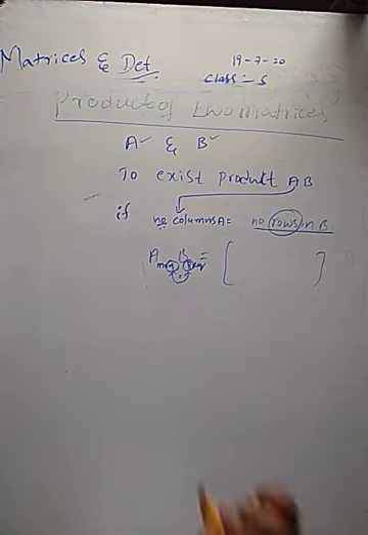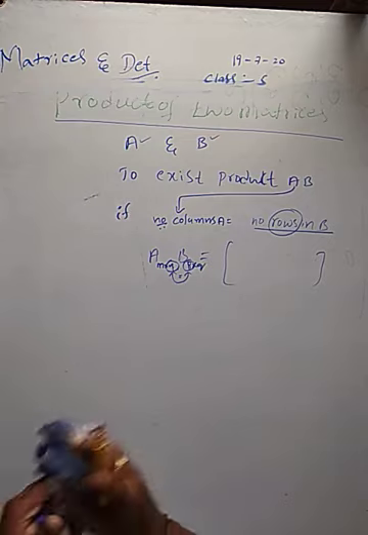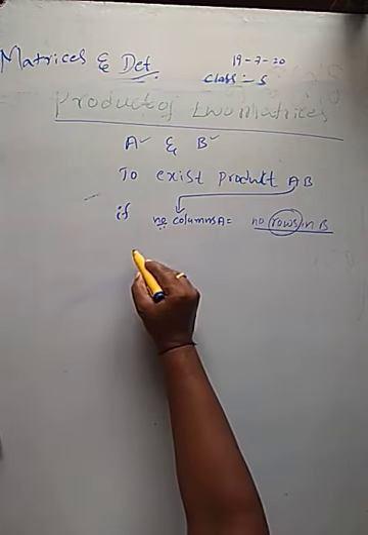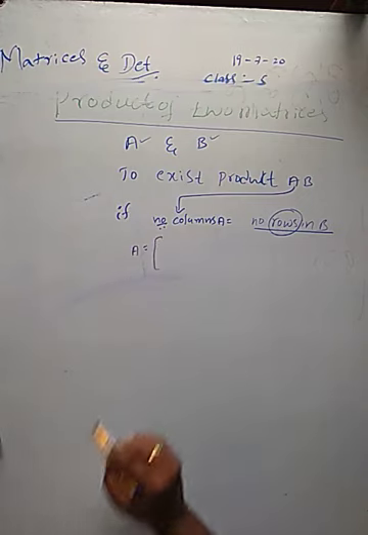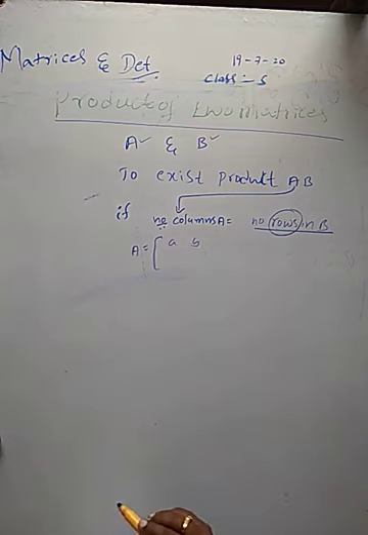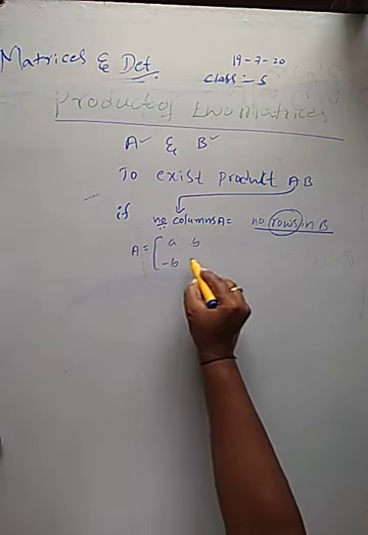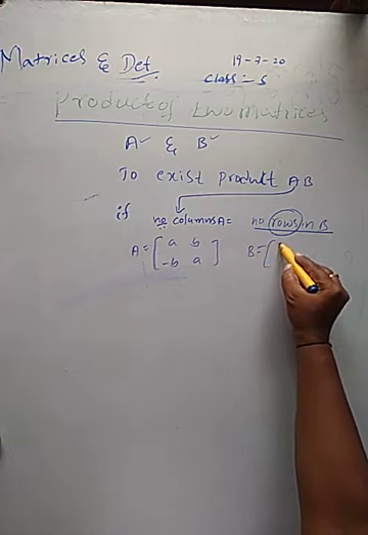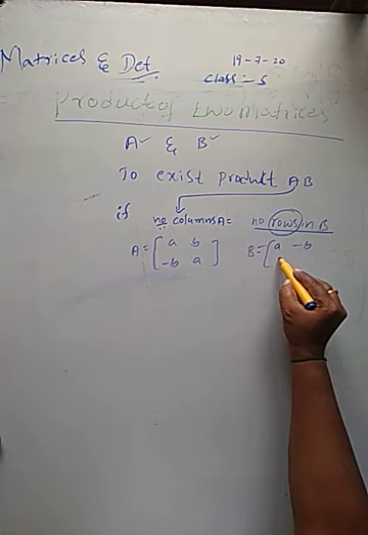Then how to find product AB? After confirmation, first we have to confirm. Yes. For example, A is equal to [a, -b; b, a] and B matrix is equal to [a, b; -b, a].